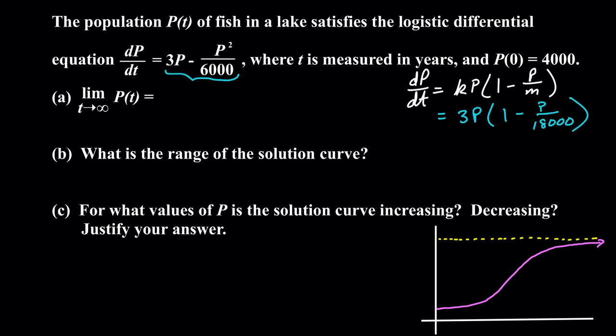If you multiply 3P times 1, you get your 3P right here, and if you multiply 3P times this, P times P is your P squared. 3 over 18,000 reduces to your 6,000 in your denominator. But we like this format because this tells us that M, which is our carrying capacity, is 18,000.